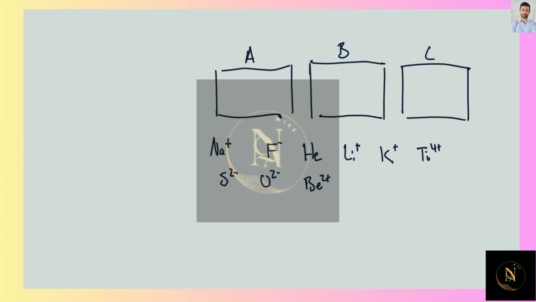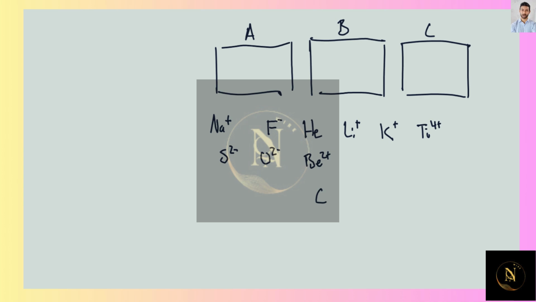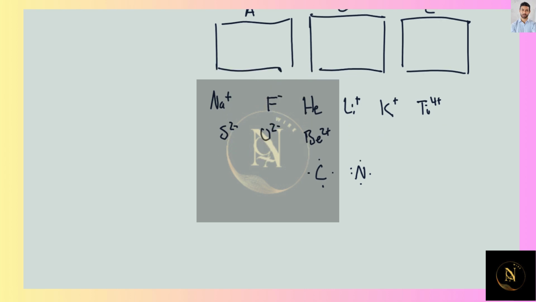Because as it turns out, if we want to find isoelectronic groups, what we're looking for is something like the following example. If we have, say, neutral carbon, we know that it has 4 valence electrons in its shell. And if we consider the next element, nitrogen, we know that it contains 5 electrons in its valence shell. If we remove one of those electrons from nitrogen, we would have nitrogen plus.